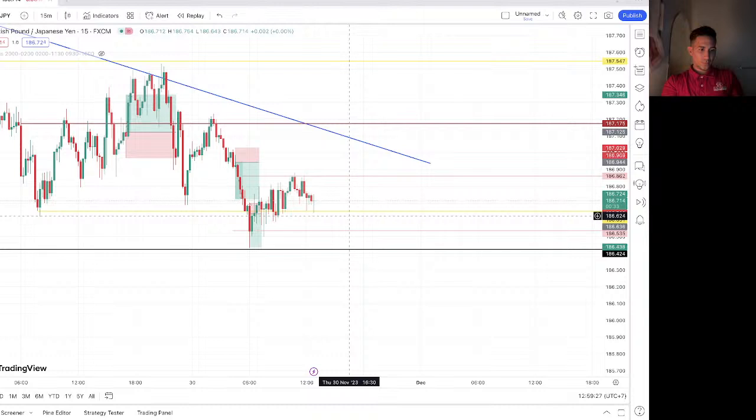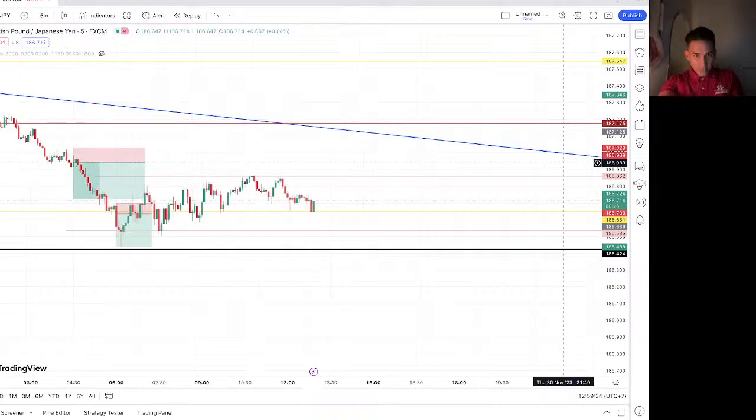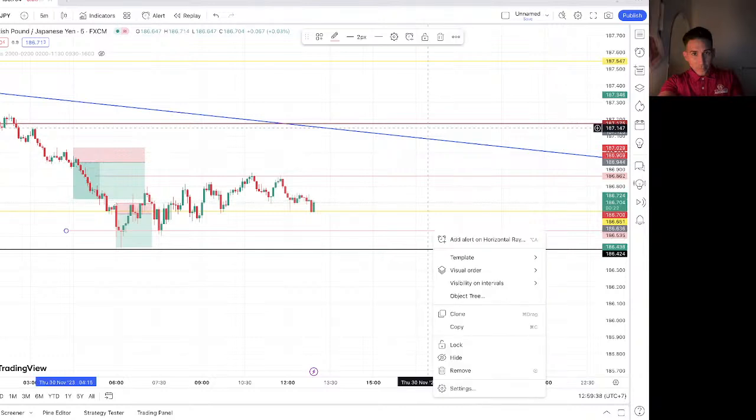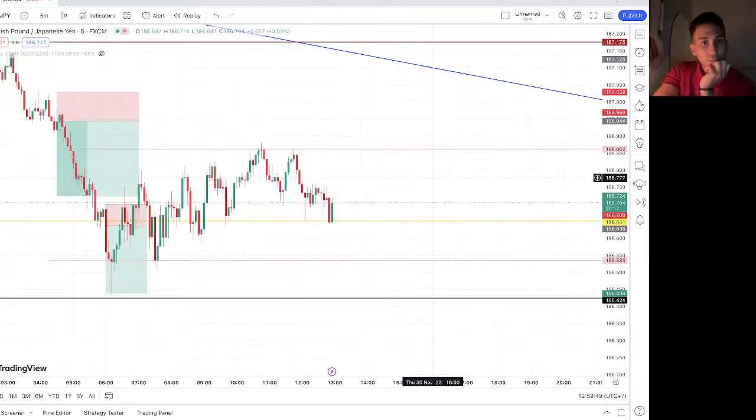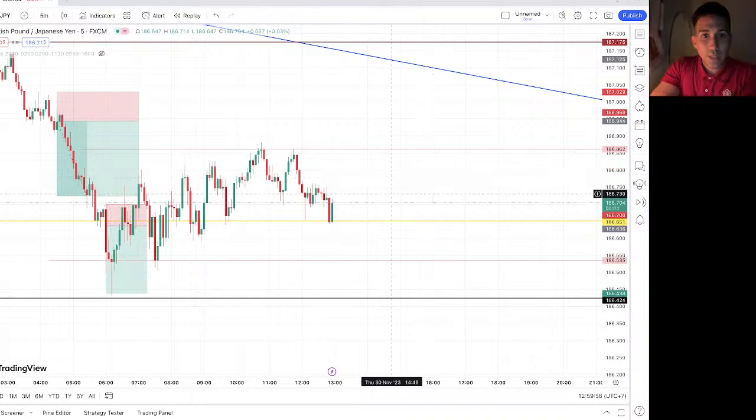Let's see what the 5-minute candles are doing. Okay, in the 5-minute candles we can try something like this.